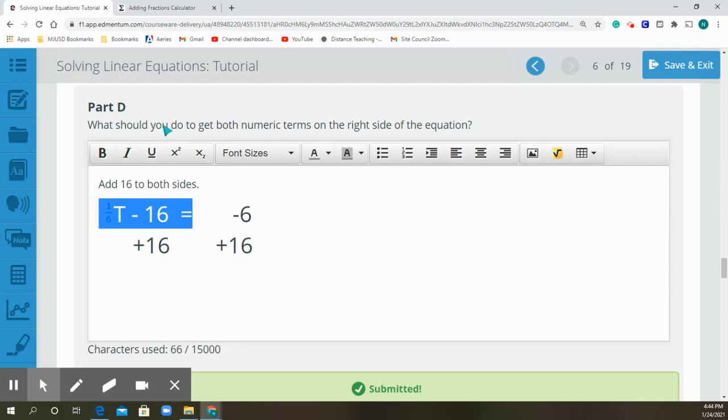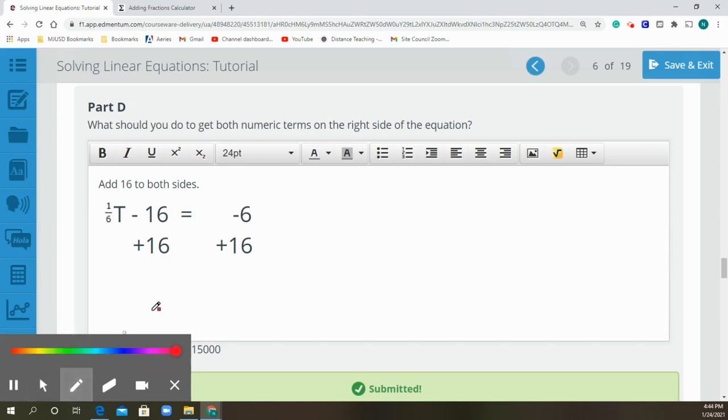Okay, so when it says what should you do to get both numeric terms on the right side of the equation, as I stated, you would subtract 16 from this side and from this side. Sorry, add. I'm sorry, add. You would add. I didn't mean subtract. So that would cancel it out from here and put it here.